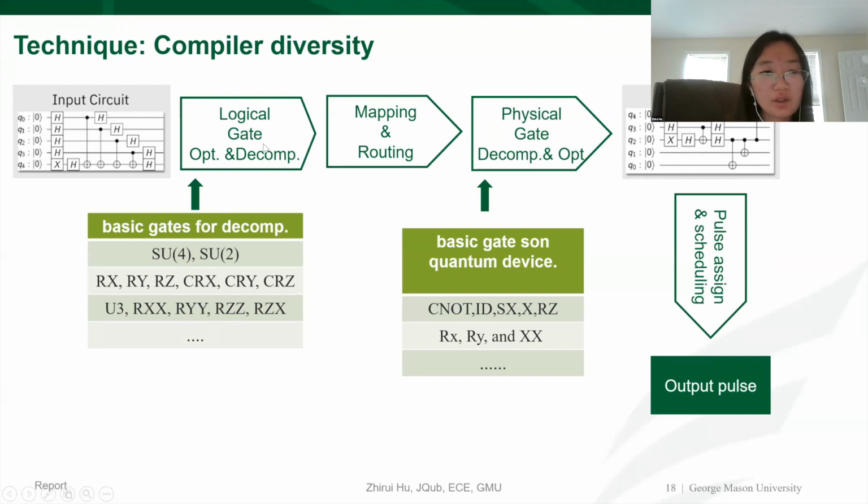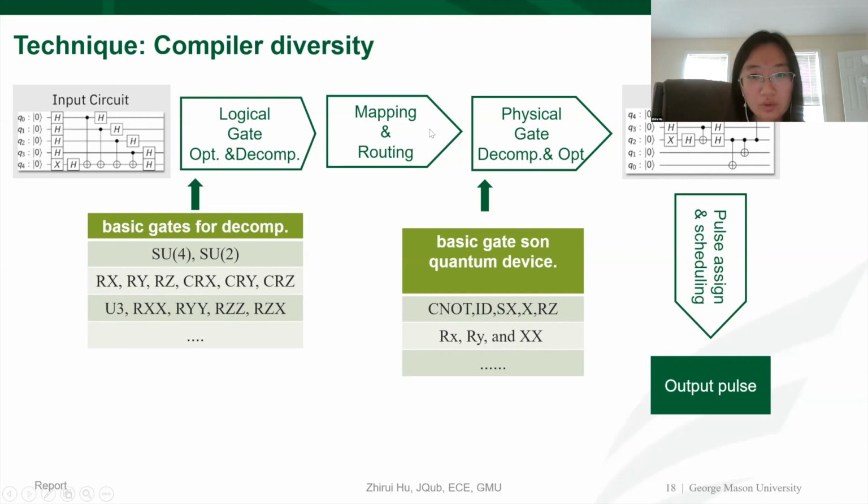And then we need to map the logical circuit to the real quantum device. So we need to do the initial mapping first, and then, because of the quantum device, the connection is not fully connected between every pair of qubits.